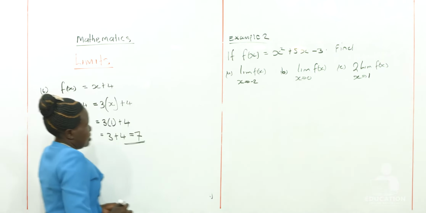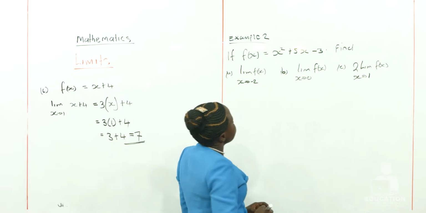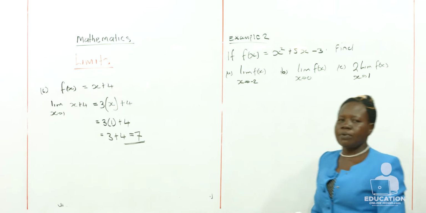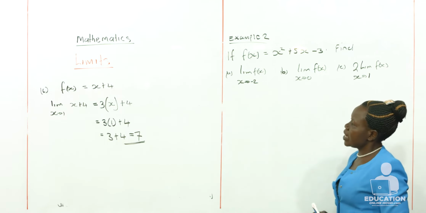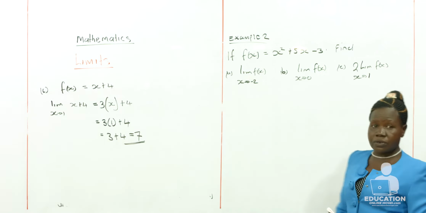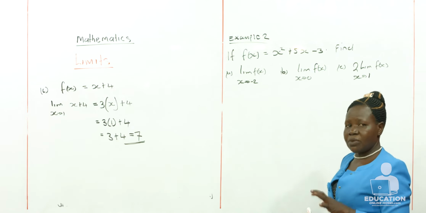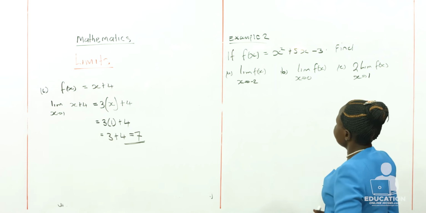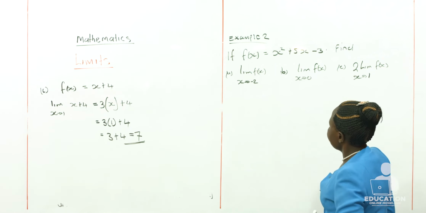So, learners, when you look at example number 2, it is of a quadratic. Because when you look at example 1, it was of linear. Because we are mostly basing on linear and quadratic equations or quadratic functions.